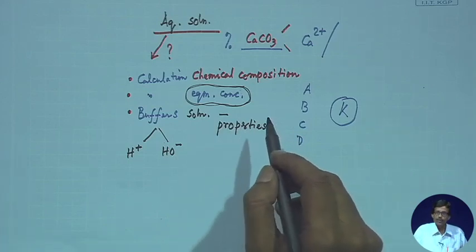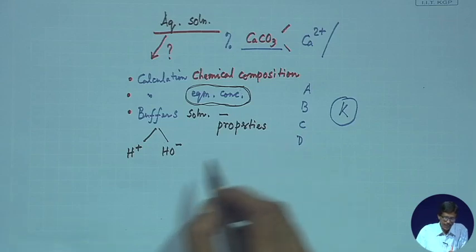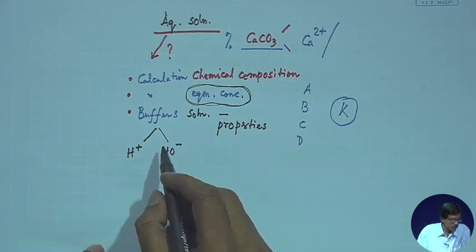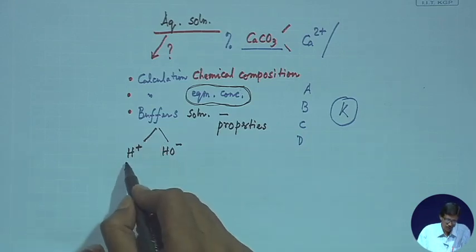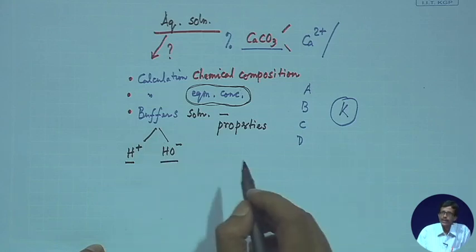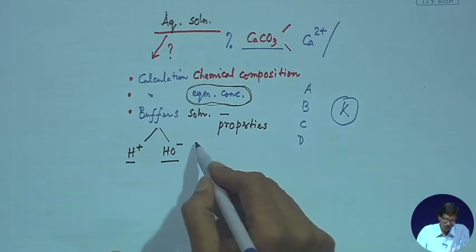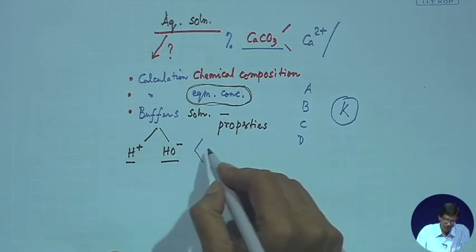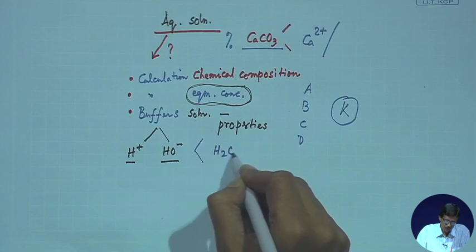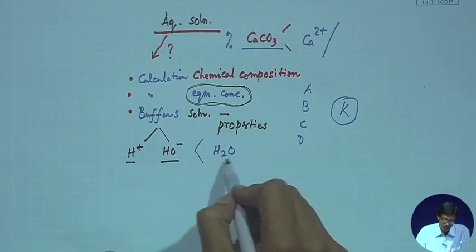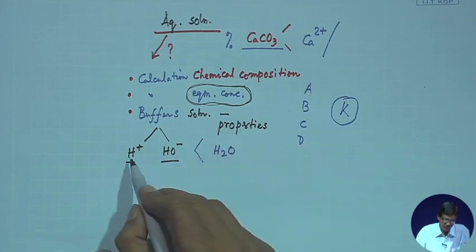Before that, what we find is that when we talk about these buffered solutions in terms of H+ and hydroxide ions, you know that H+ and HO- are very simple to know, because they all come from water, which can dissociate giving H+ and HO-.